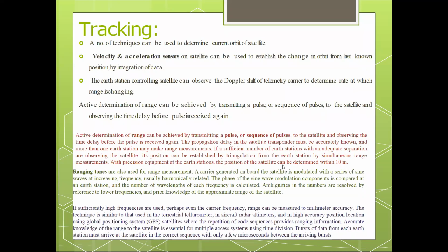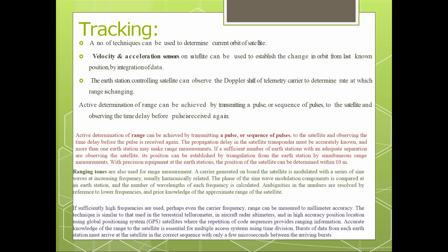The next subsystem is the tracking subsystem. As we already know from telemetry, tracking, command and monitoring, the second subsystem is called the telemetry subsystem, or simply the tracking subsystem.